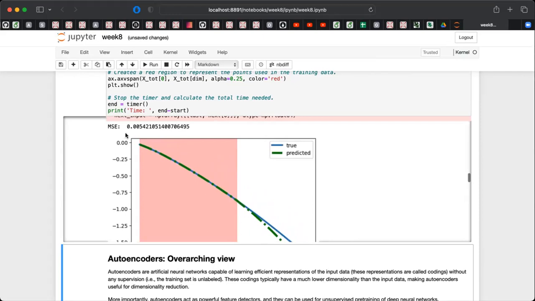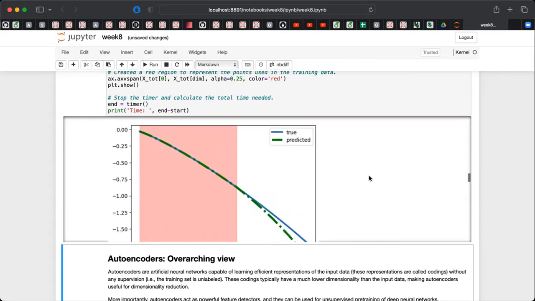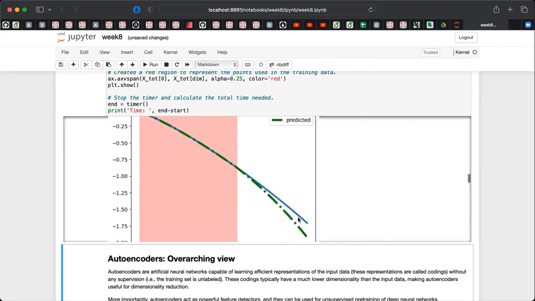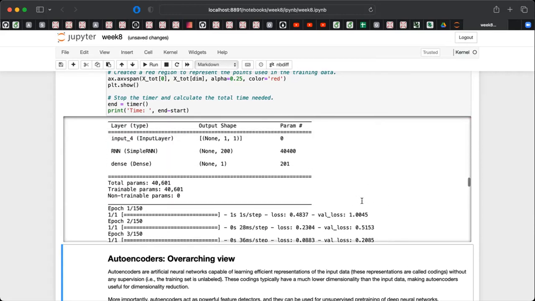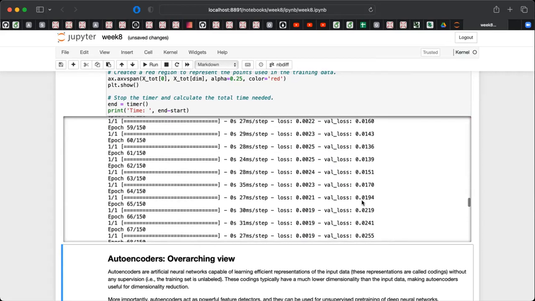And you can see that the mean squared error is now 5 times 10 to the minus 3. It's roughly 1 order of magnitude larger than the one we had with the simple one hidden layer approach. So it's getting better. We can do the same with the GRUs and see if that gives a better result.